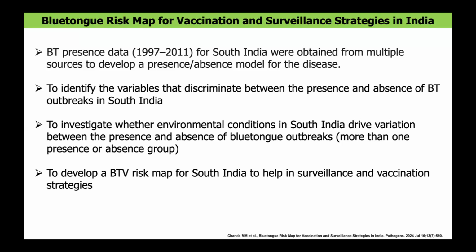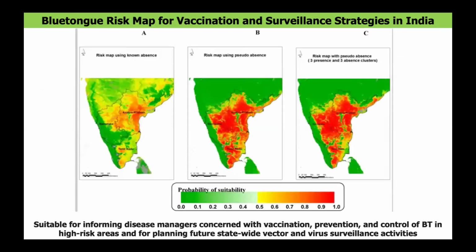So this again emphasizes the importance of accurate disease reporting, because without correct disease reporting, these kinds of studies cannot be done. They used that, and then they predicted the disease. As you can see, the states of AP and Telangana, along with Karnataka and Tamil Nadu, are blazing red, indicating that these are very high risk areas.